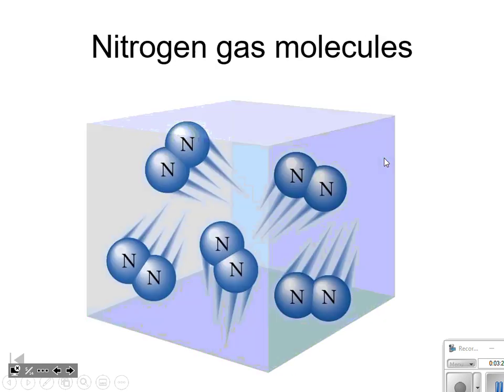So if you stop and think about the air we are breathing right now, the air has a certain amount of nitrogen in it, doesn't it? Any idea how much? The majority of the air we're breathing is nitrogen, about 78%.